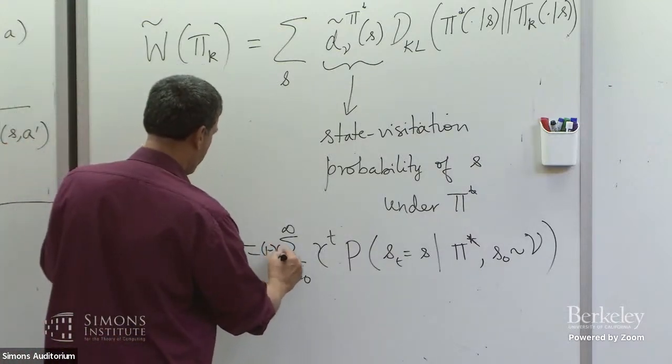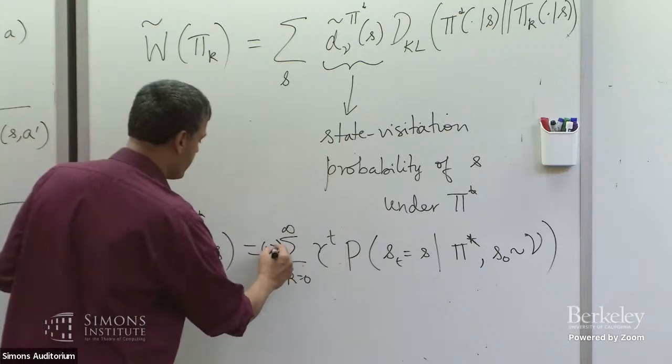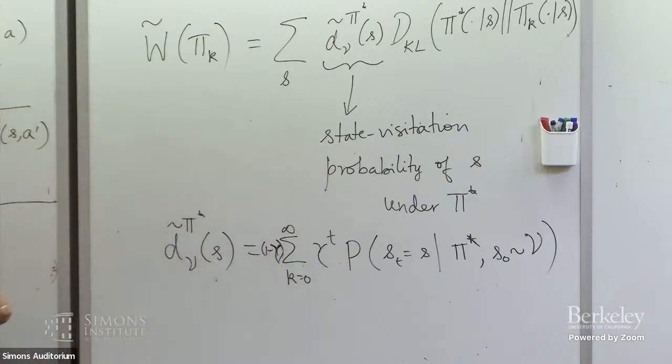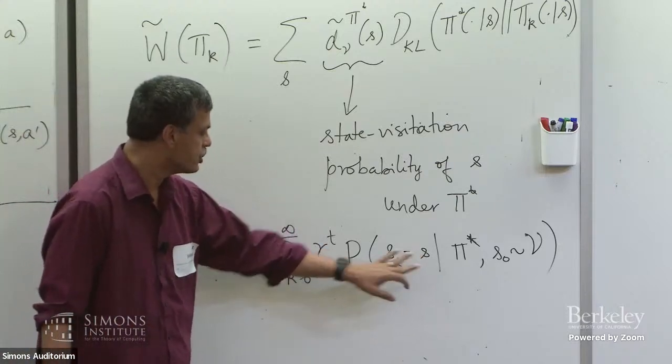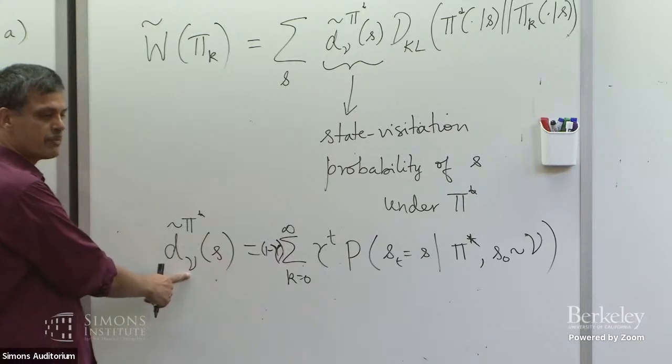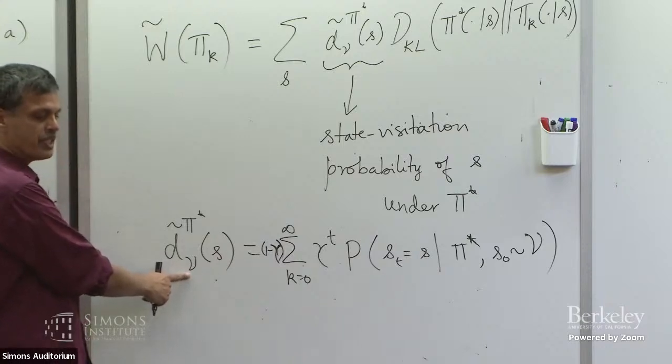Let's multiply by 1 minus gamma for it to be a probability. So look at the probability of being in a state. Here mu is some initial condition, so you're starting the system, let's say, with some initial distribution.